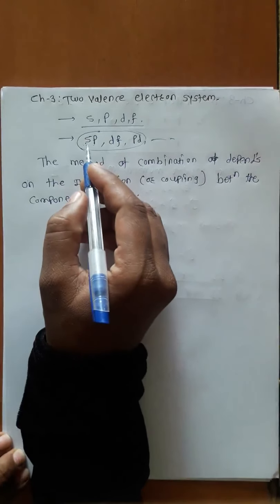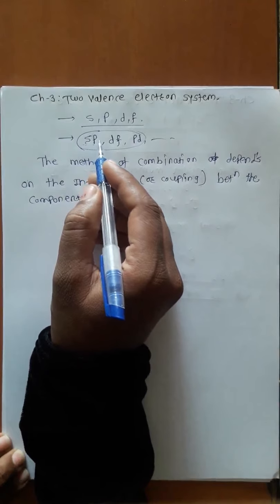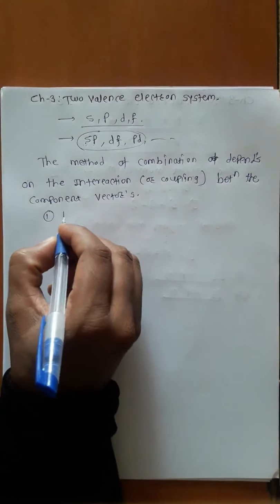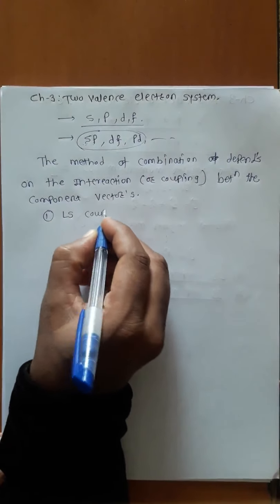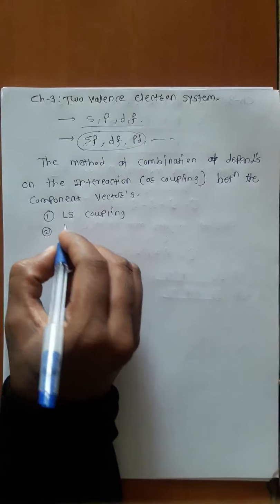We have to combine the orbital angular momentum and spin angular momentum for the electron. There are two coupling schemes. The first one is LS coupling and the other one is JJ coupling.